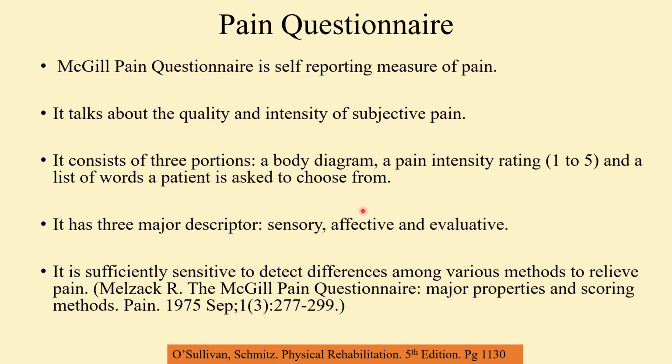It has a body diagram, a pain intensity rating from 1 to 5, and a list of words which the patient chooses from to describe their pain best. The descriptors are sensory, affective, and evaluative, all three. Research has also stated that the McGill pain questionnaire is a good and sensitive way to measure pain.